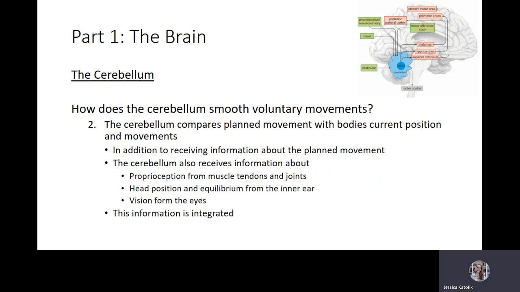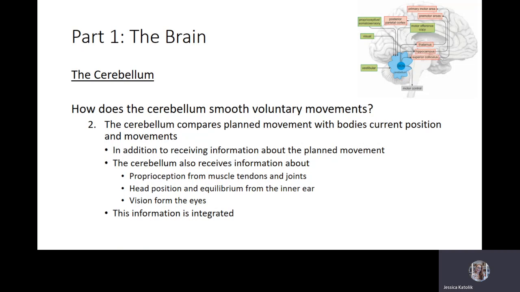The next part is the cerebellum is going to compare this planned movement to the body's current position and movements. So the cerebellum is going to take in this planned motion that the cerebrum wants the body to do, but it's also going to take information in from our vision, from the equilibrium in our ears, so where our body is in space and time, how we're accelerating, how our head is turned.